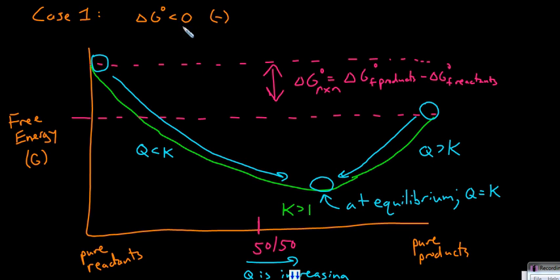All right, so consider that you are making a graph of G as the reaction proceeds. You have a negative delta G standard. That is, there's a negative change. There's a loss in G as the reaction proceeds. So you start at a pretty high value for G and you end at a much lower value for that Gibbs free energy. There's a loss in that value, and so it kind of ends up so that we get this shape.